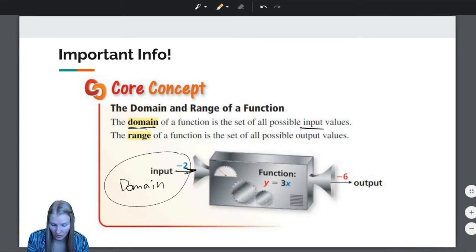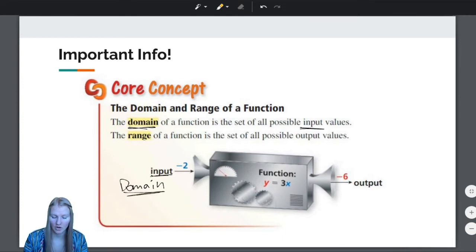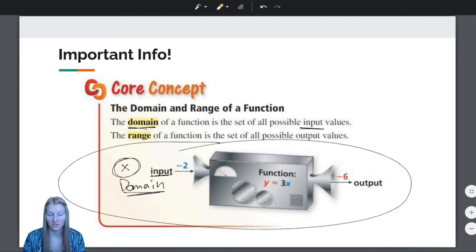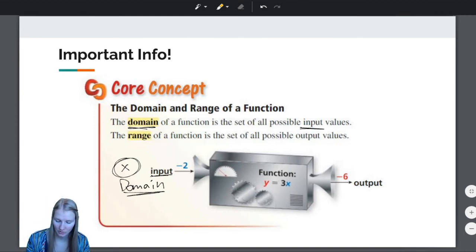We talked about the function box earlier. All of the inputs, that's your domain. So all of your x values. And if this picture is not in your notes, definitely put this in your notes. Because my x values are my input values, which make up my domain.